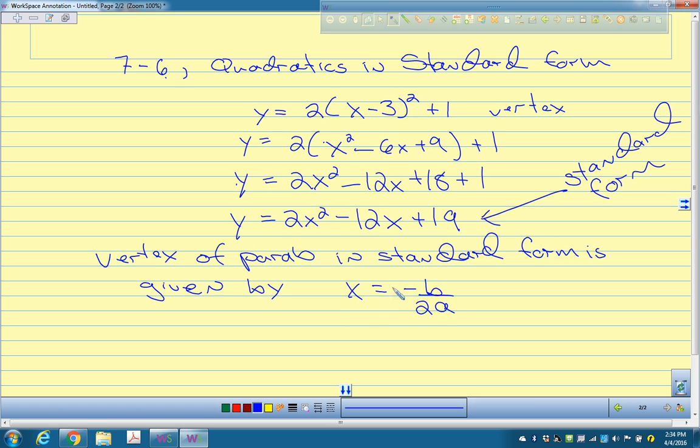I proved this to myself last night using the quadratic formula. If you plug this into the quadratic formula with just a's and b's, for any parabola, you can figure out that x is where the middle is going to happen, at negative b over 2a. Because in a parabola, the vertex occurs halfway between the 2 points.